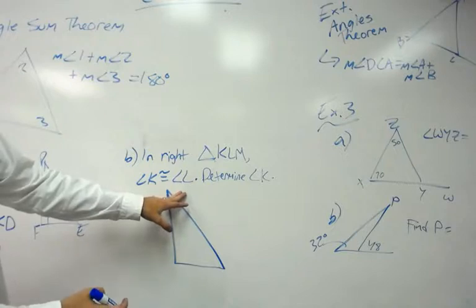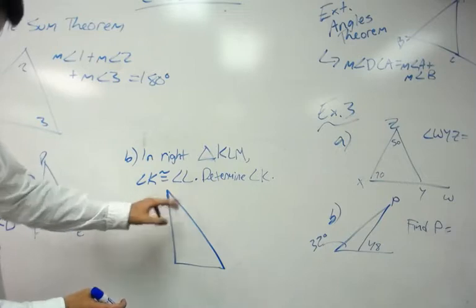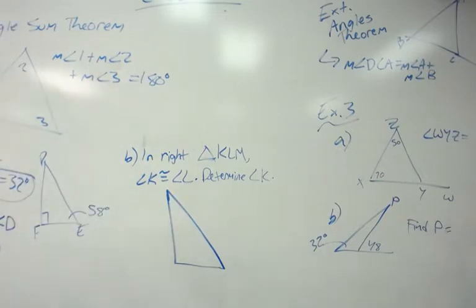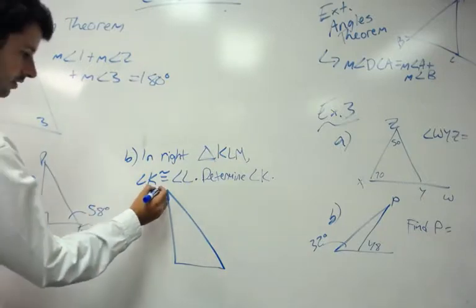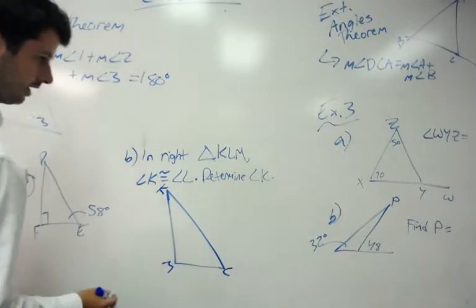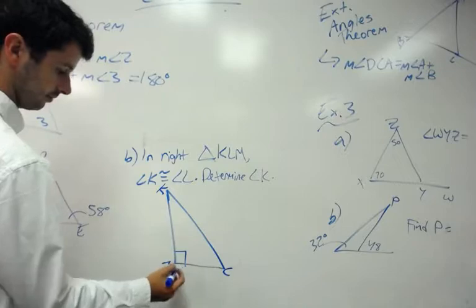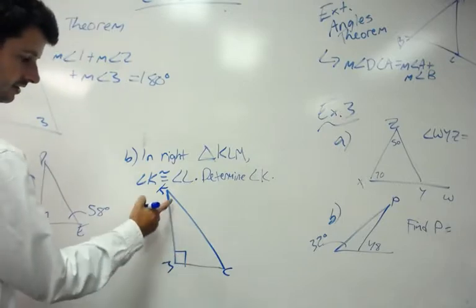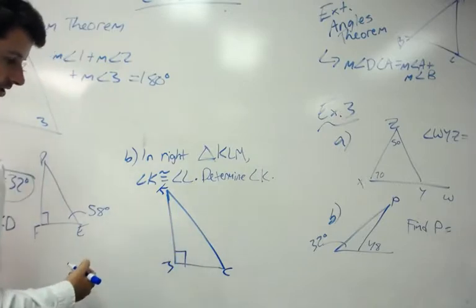Okay, so here's K and L. We know M is the right angle because it's 90 degrees, and that's not going to be able to be congruent with anything else.